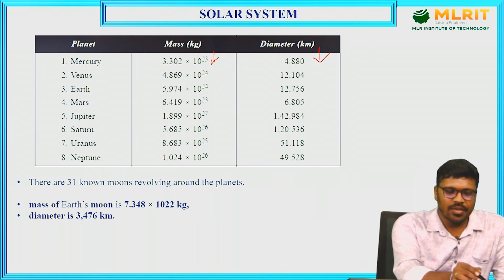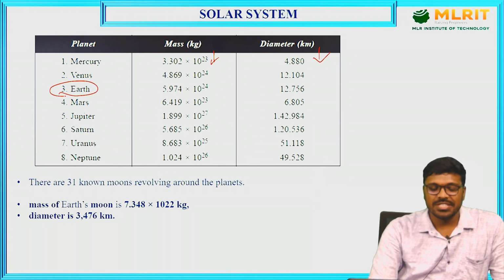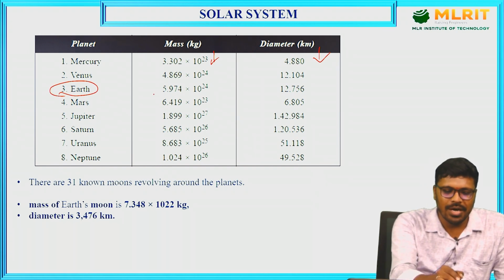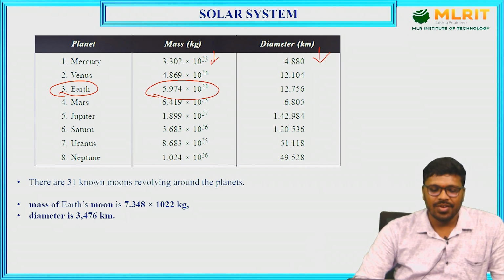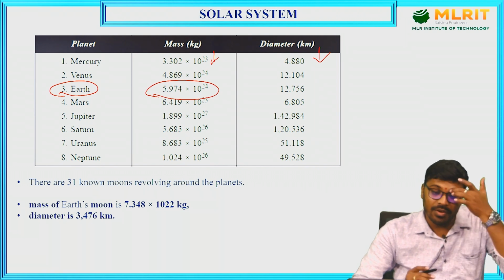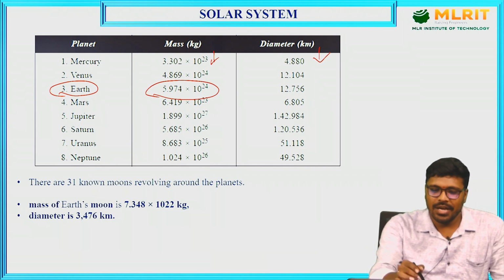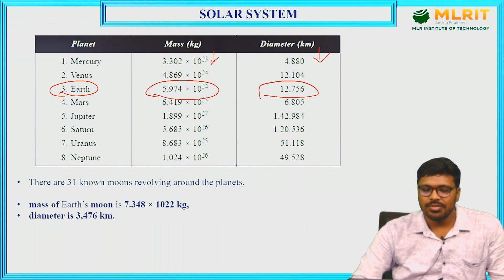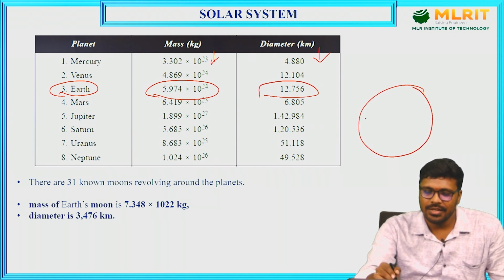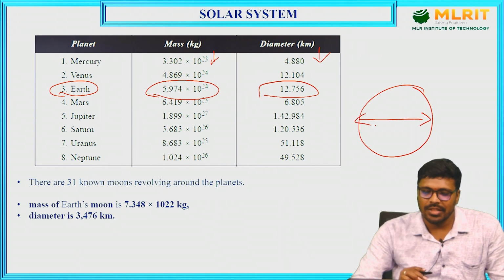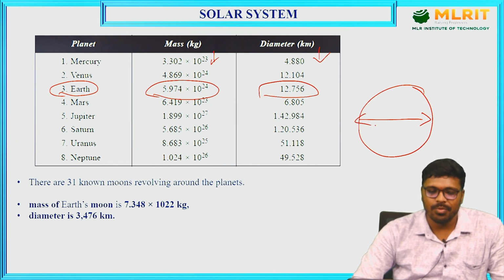In that, if you take the Earth, which is our planet, the mass of the Earth is 5.974 into 10 to the power of 24 kgs, and coming to the diameter, 12,756 kilometers. Diameter means this, the diameter is 12,756 kilometers for the Earth.